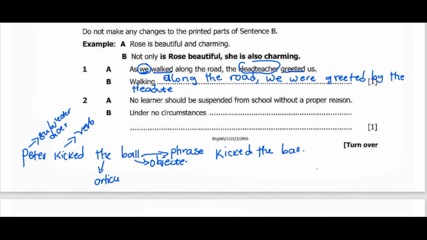So this is the key point here. Okay, so now we move on to question 2. No learner should be suspended from school without a proper reason.